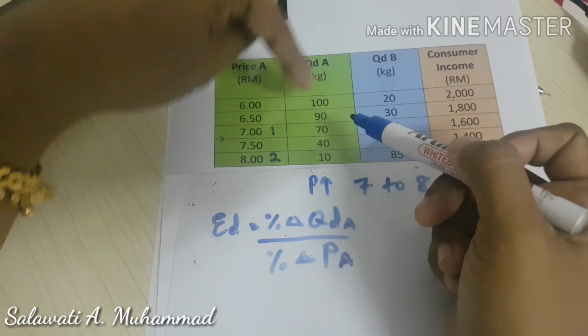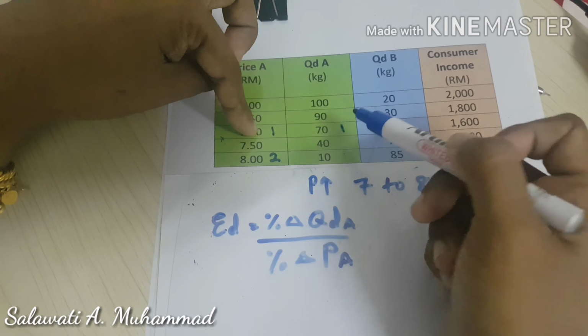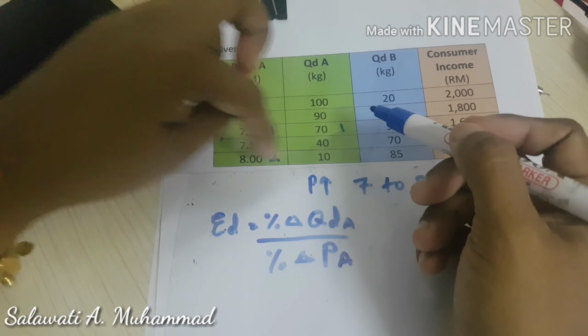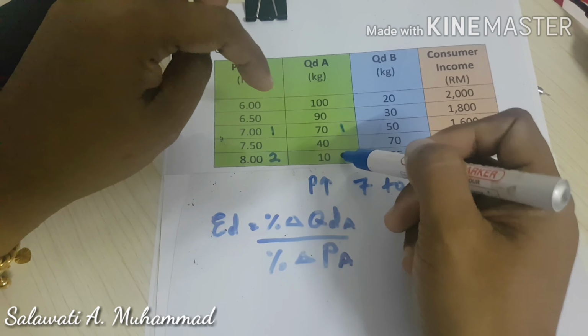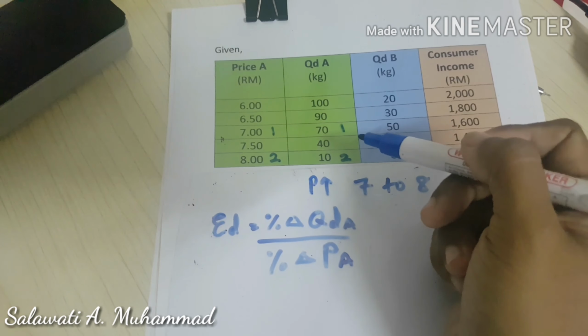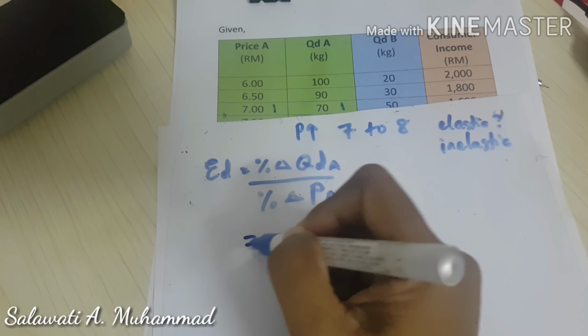The same row here, quantity demanded 70 is Q1, then the same row with 8 ringgit is 10. 10 is Q2. Okay, so we replace in the equation here.